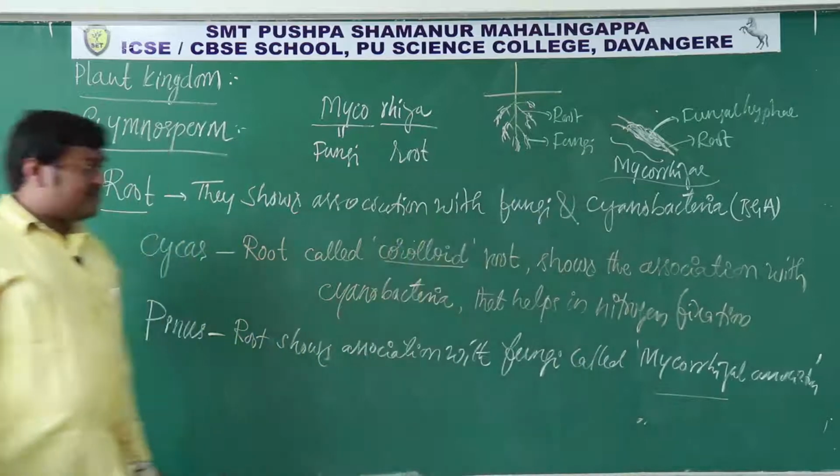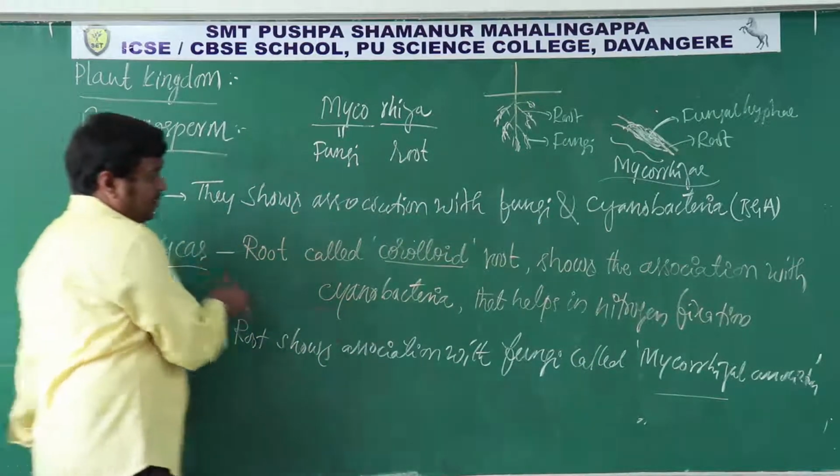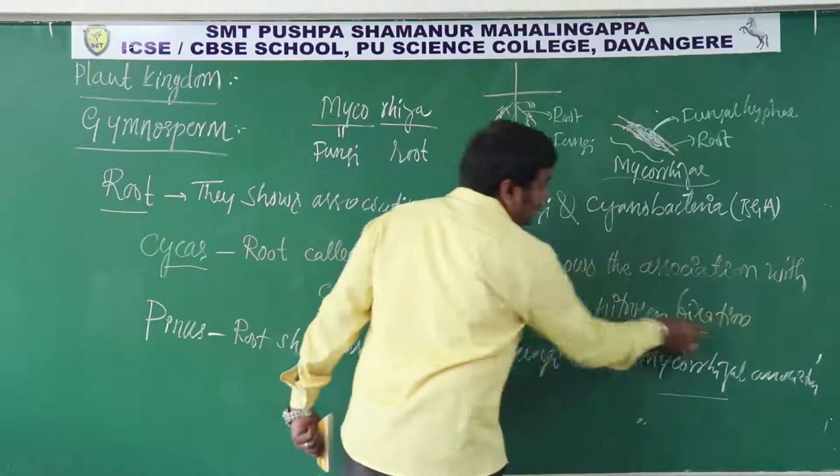Okay, so what is the use of this mycorrhizal association? In case of cycas, we already discussed. This coralloid root shows association with cyanobacteria that helps in nitrogen fixation.